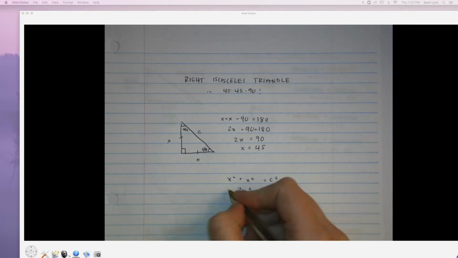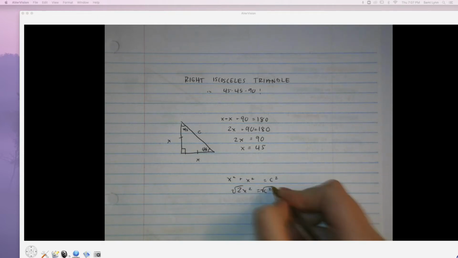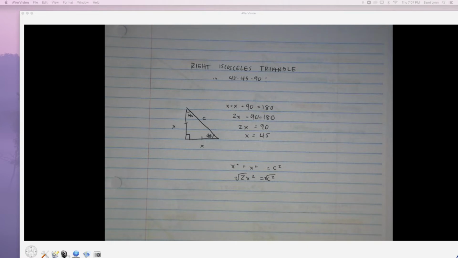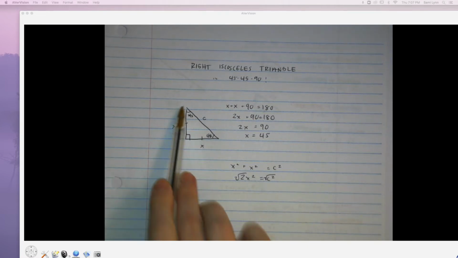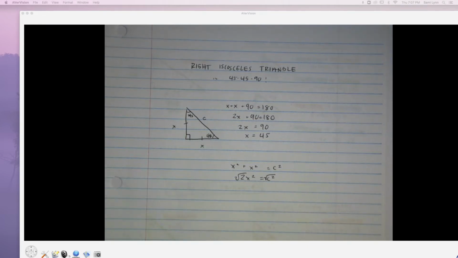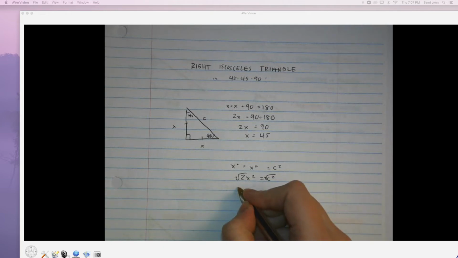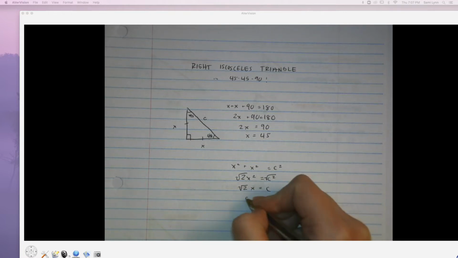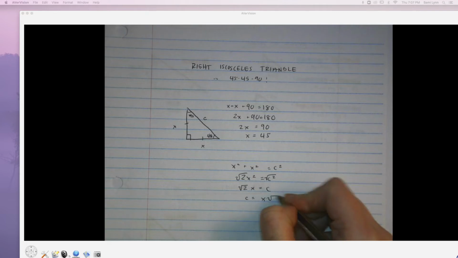I'm going to take the square root of both sides to get C all by itself, because that's ultimately what I'm solving for. I'm curious what this side length is in comparison to the other two. And that leaves me with the square root of 2 times X equals C. I'm going to rewrite that. That's just C equals X times root 2.